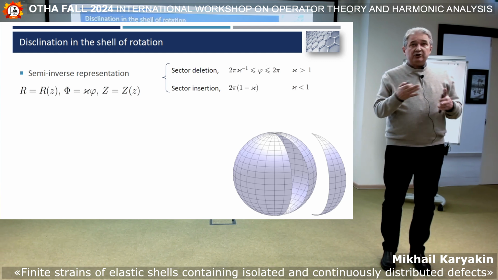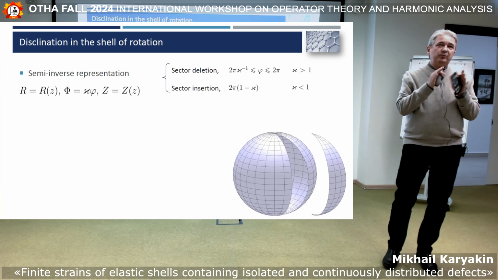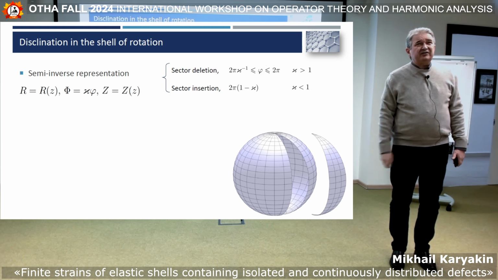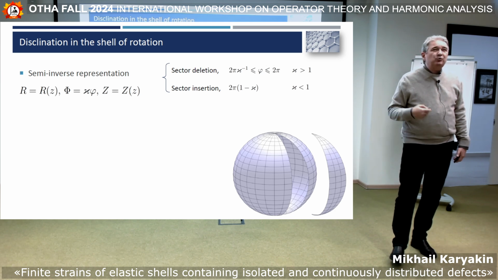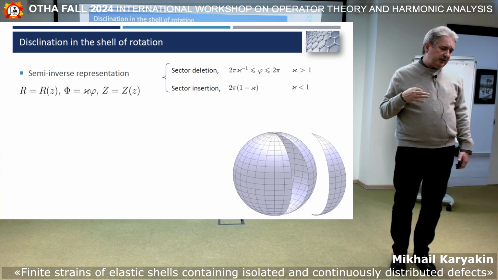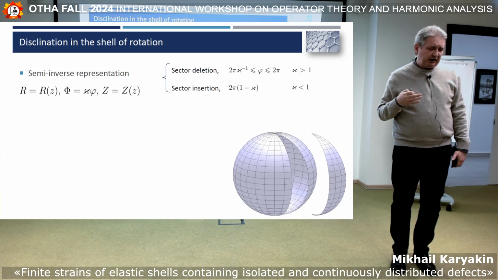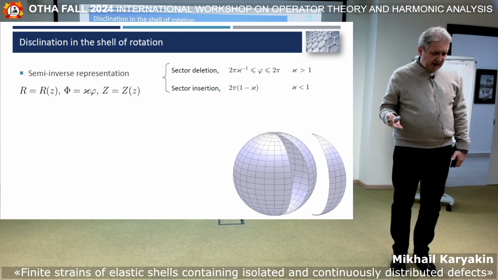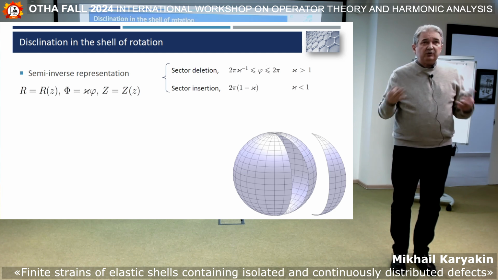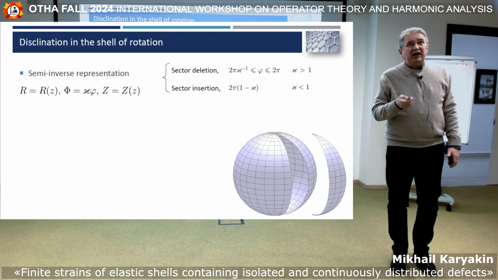Then after extraction, the cut edges should be connected. And this is a semi-inverse representation. We assumed that the deformation will have this form. This is an assumption, as the semi-inverse method usually involves this kind of guess. If we guess right, then we can solve the equations. If we guess not right, we can't solve the equations.